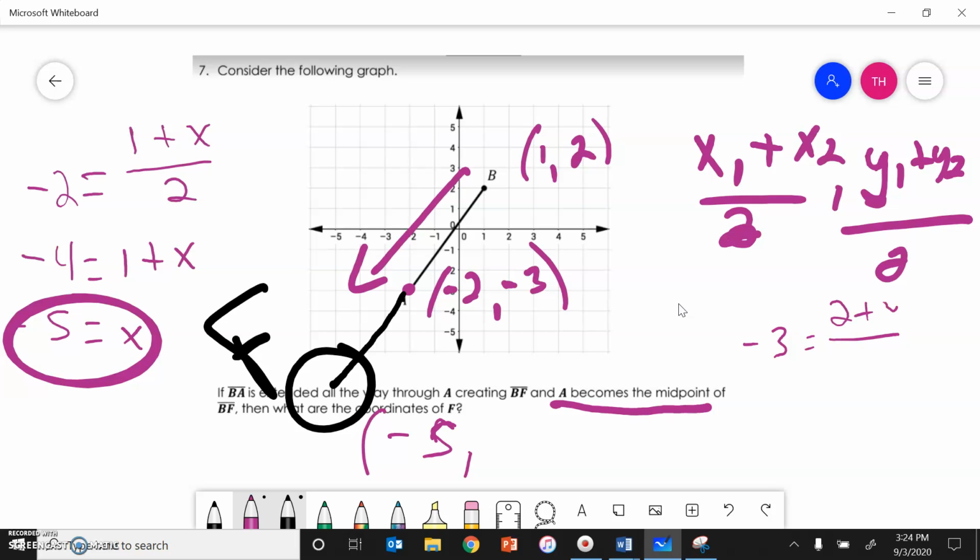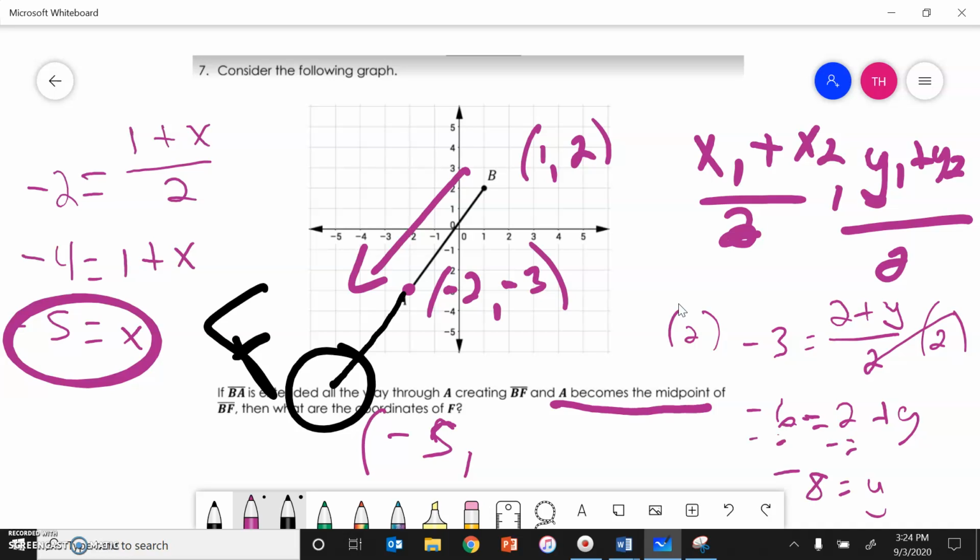So 2 plus y over 2. Again, cross multiply, meaning multiply both sides by 2, and you get -6 equals 2 plus y. Subtract 2 from both sides, and -8 is what y ends up being. So -5 and -8 makes sense here, somewhere down here.